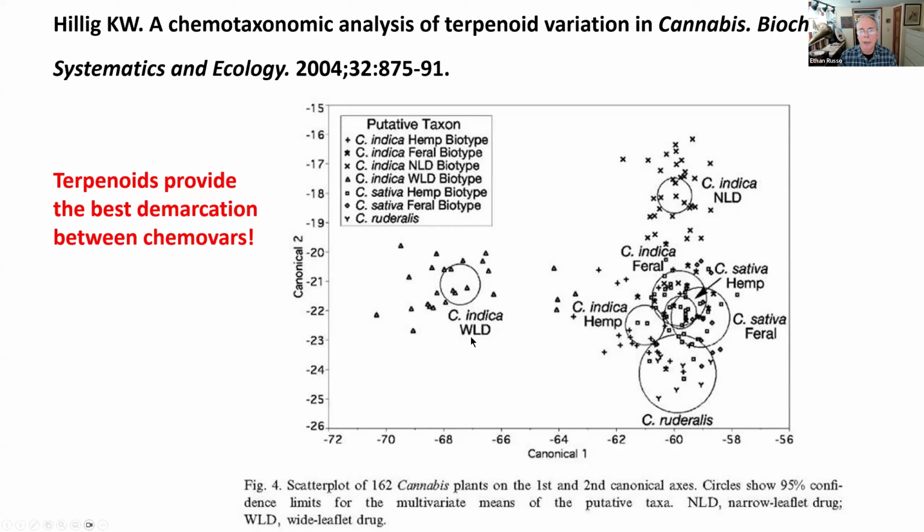And these designations, WLD means wide leaf drug. It should be leaflet, strictly speaking. And we'll see more examples of this. NLD is narrow leaf or leaflet drug.